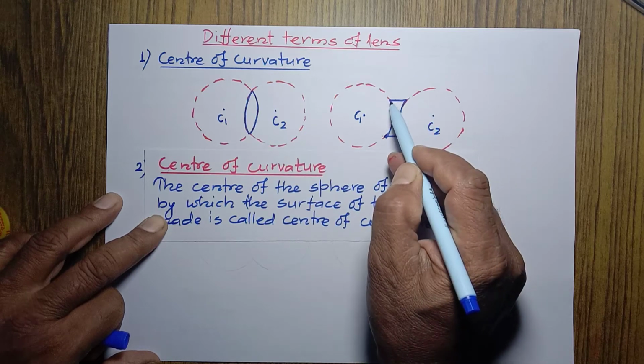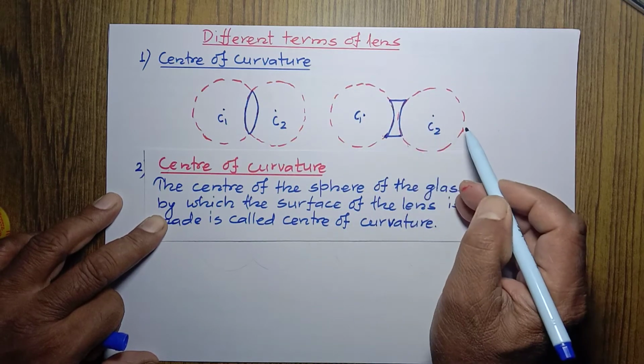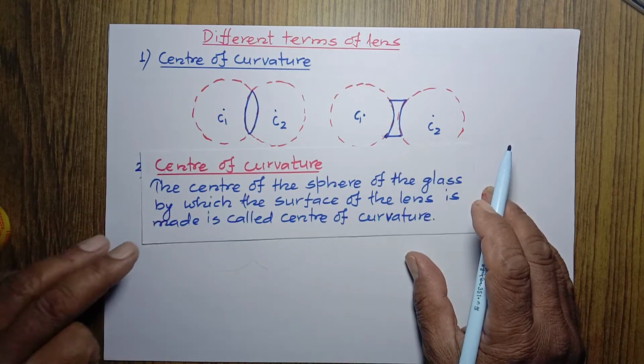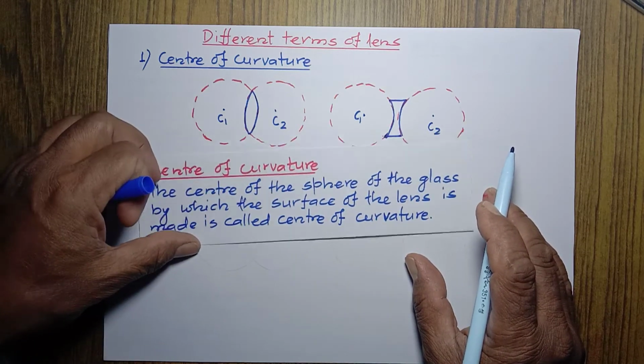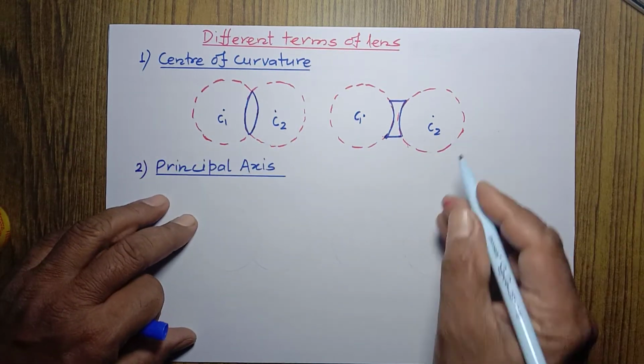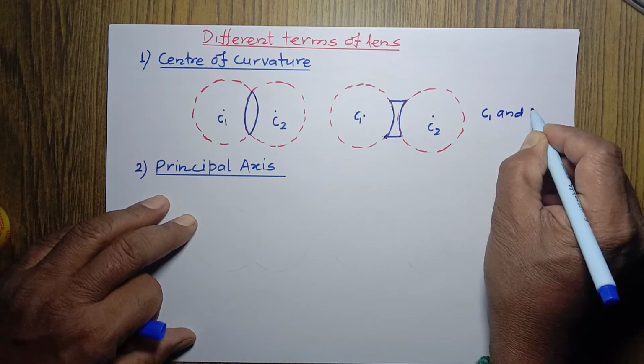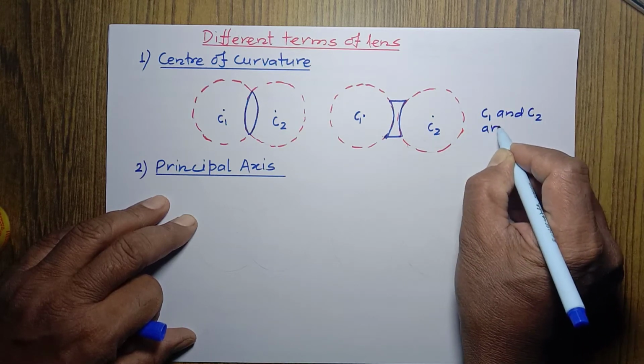In the same way, this surface of the lens is made by this glass sphere, and this surface is made by this glass sphere. That's why C1 and C2 are the centers of curvature.